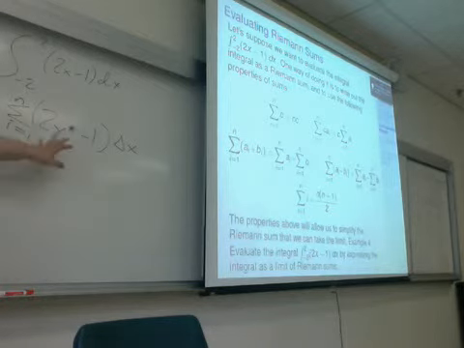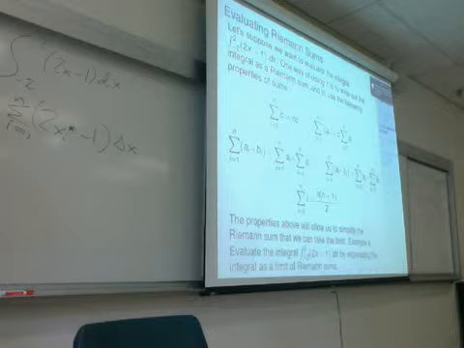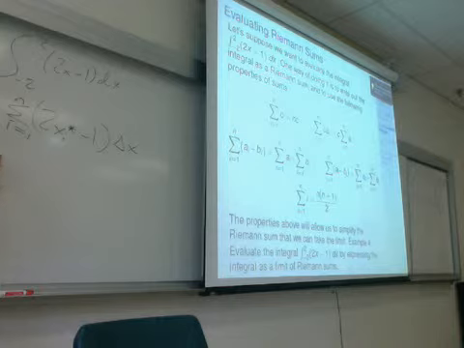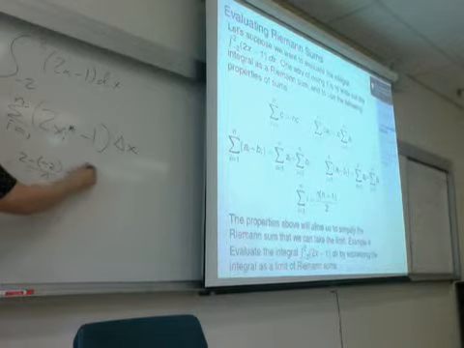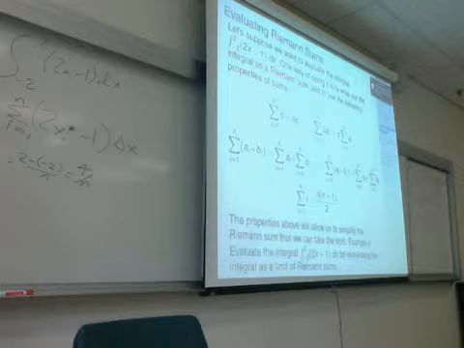Now, of course, in order to complete this procedure, we're going to need to know what delta x is and what xi star is. Delta x is always b minus a over n. b and a are the limits of integration here. So b is 2, a is negative 2. 2 minus negative 2 is 4. So my delta x here is going to be 4 over n.